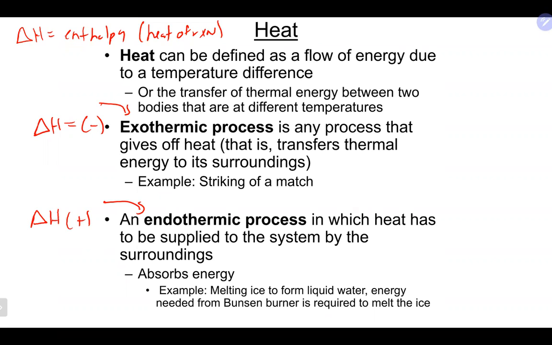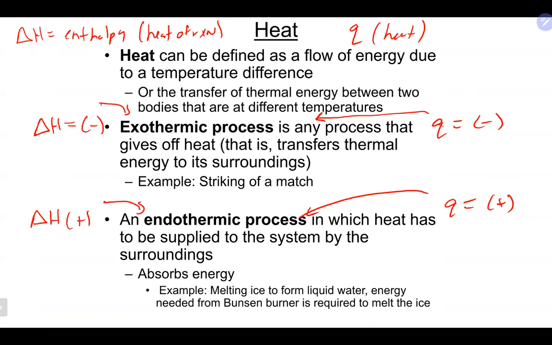Another one that we will deal with in this class as well is Q. Q represents the heat, or energy. And if you have a Q value that is negative, that usually means an exothermic process. And if you have a Q value that is positive, that is typically an endothermic process.